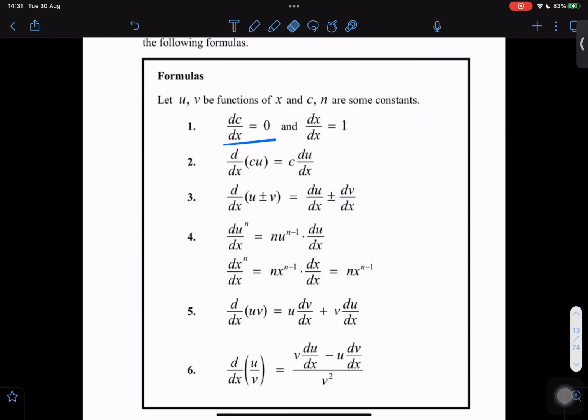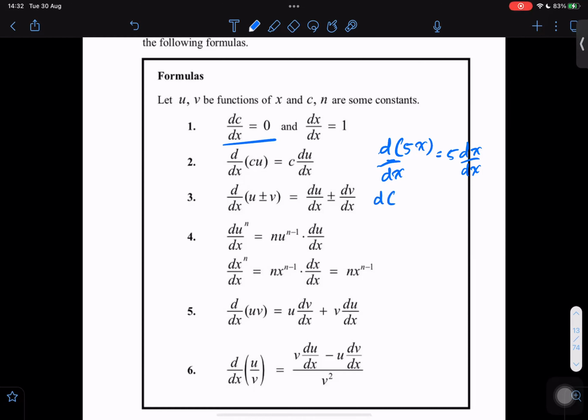The second one is if you have a constant multiplied by some function, you can just take the constant outside, like d of 5x over dx will equal 5 dx by dx. The next one is if you have addition or subtraction, then you can do the derivative separately.